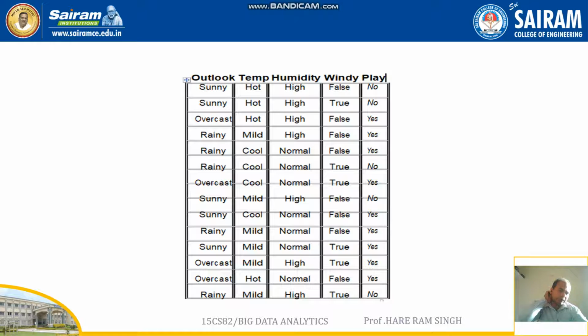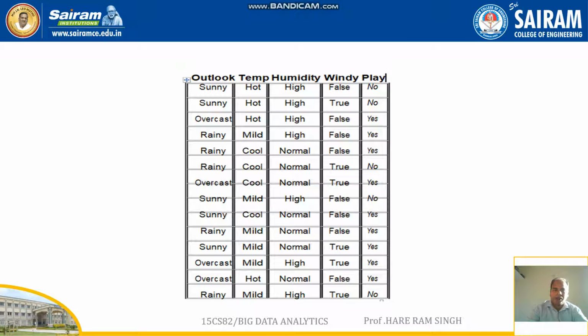Now some trend data, some past values, are there, for example if the outlook is sunny, temperature is hot, humidity is high, and windy is false, in this situation our past experience is that the game cannot be played. Again, if outlook is sunny, temperature is hot, humidity high, and windy true, in this also the game is not played.